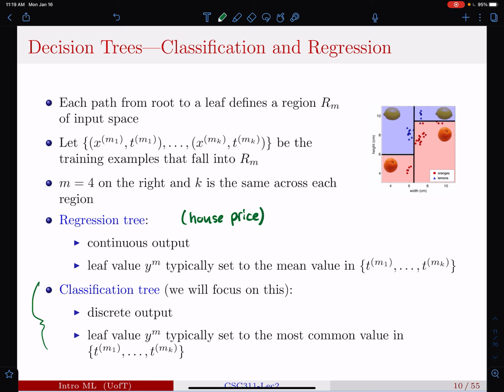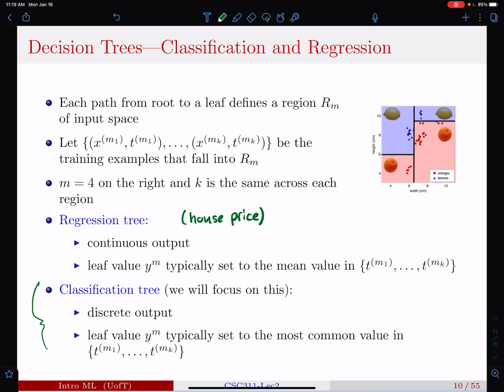classification. And the way you decide on the output for a particular class is you'll notice that the decision boundary splits our feature space into a bunch of different regions. The way we decide on what the label is or what the value is for that region is you look at the training points that land in a particular region.